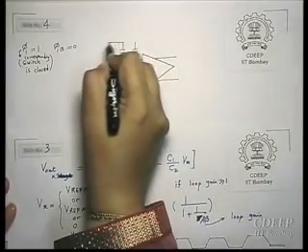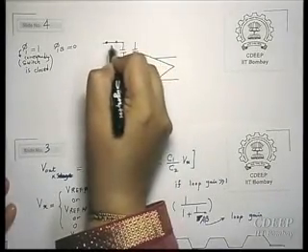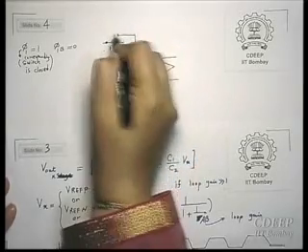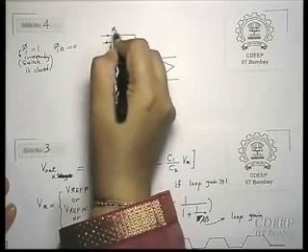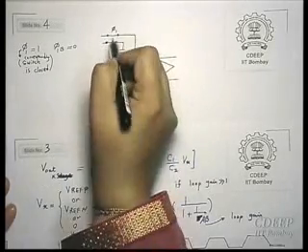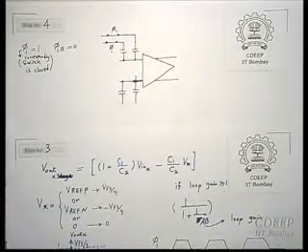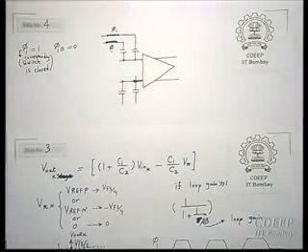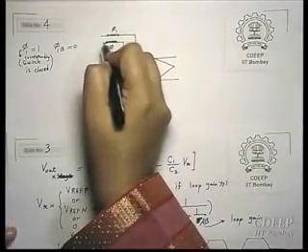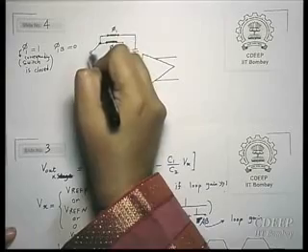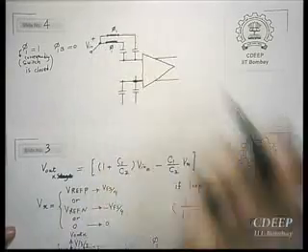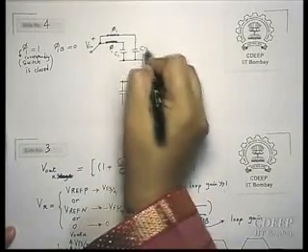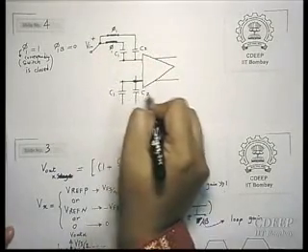Now in phase Phi 1, these 2 switches were closed. So that's why this shows the switch is closed. Connected to Vin plus, this is a fully differential architecture. So C1, C2, again C1, C2.